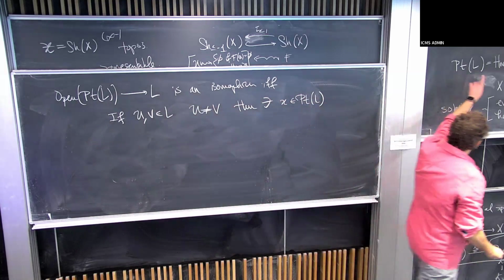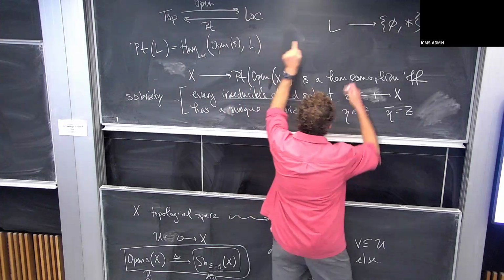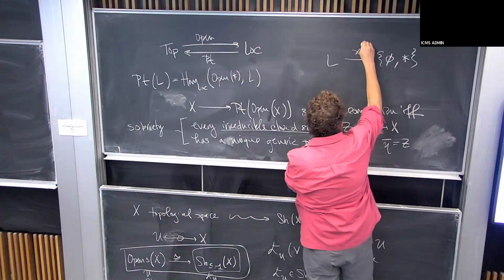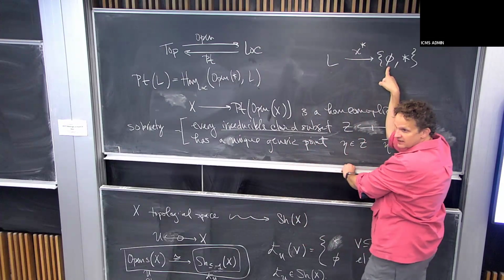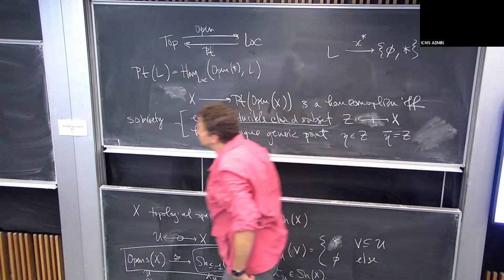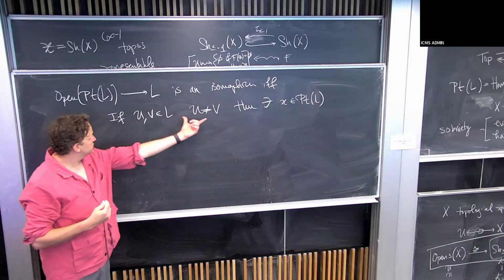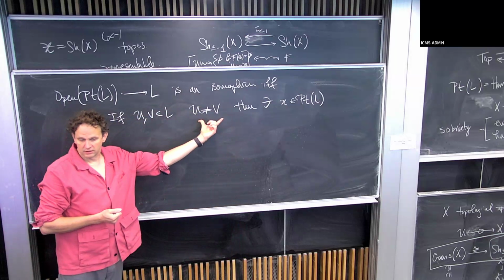So that's a map of locales from open of a point to L. I'll call it X upper star from L to this thing. And so I need a point that knows that these two elements of my lattice are different.